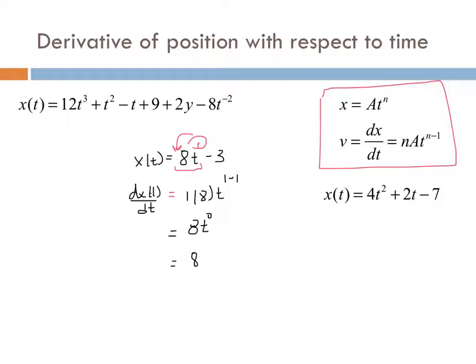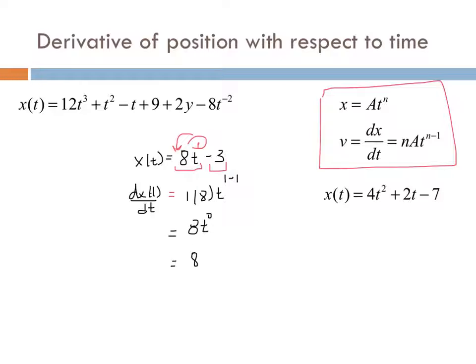Now we can take the derivative of the second part, that negative 3. Now, if that 8t wasn't there, then we would have a position function equal to just 3. That means that we are not moving, or that your final position is equal to 3, and that you didn't have an initial position, or an initial position was equal to 3. What that means is your velocity is equal to 0 this entire time.